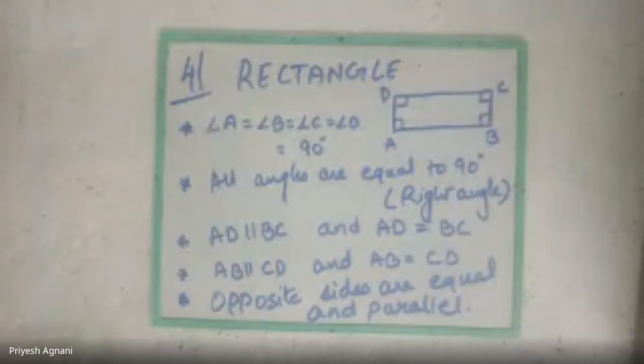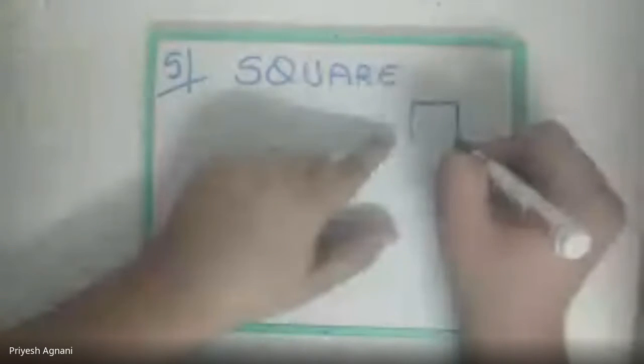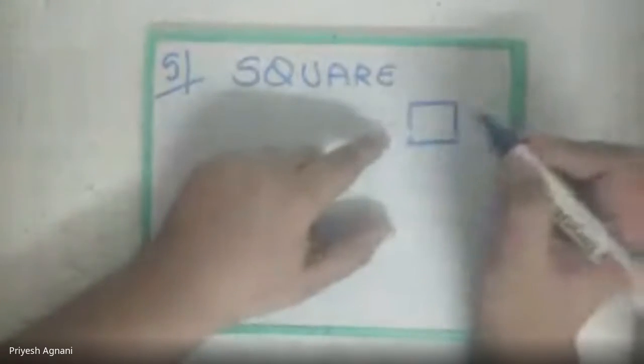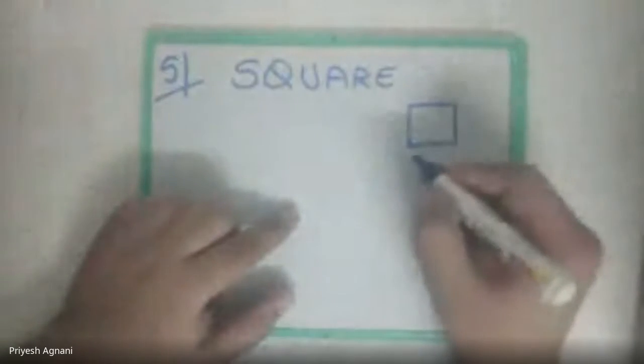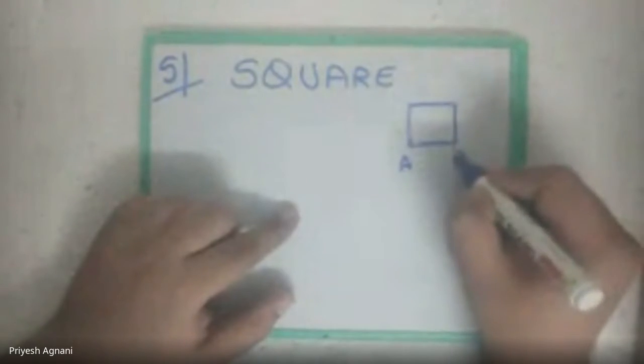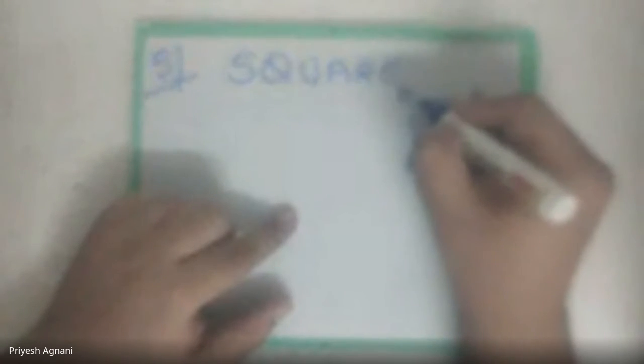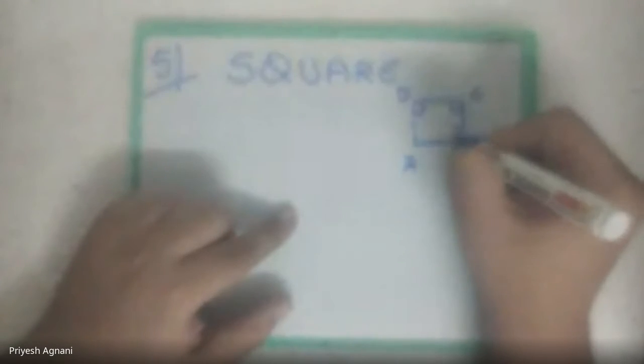The next thing that we are going to write and learn about is square. Put the heading of the square and then draw a square. Okay. Put down the name ABCD. इसमें फर्स्ट पॉइंट लिखेंगे.